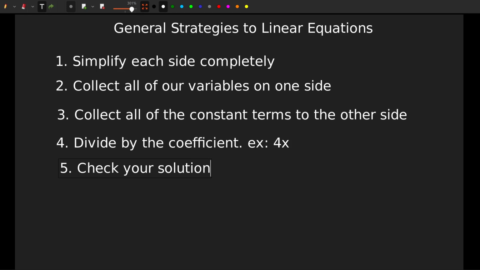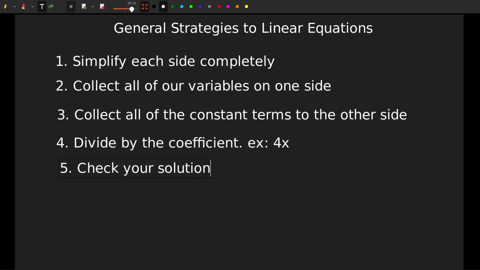Okay. If you don't check the solution to your equation, there's a good chance that you may have done it wrong, and you don't want to leave an incorrect answer, especially when it's in some ways kind of simple to just check your solution.